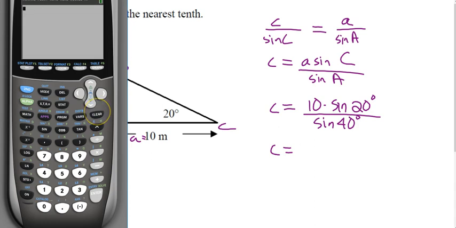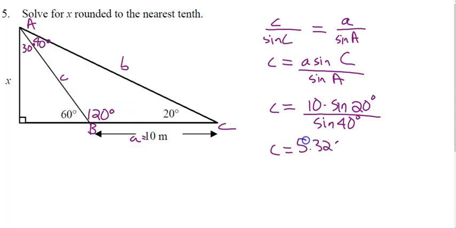And remember, we're going to keep this number, sine 20 divided by sine 40. Okay, so we got 5.320 dot dot dot 08.